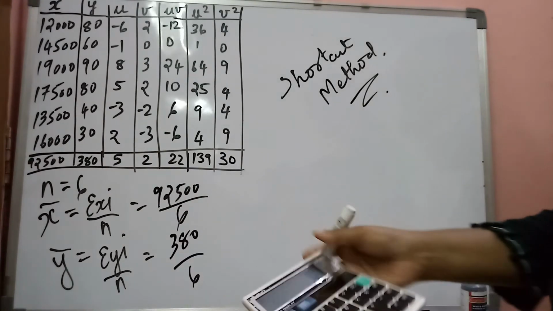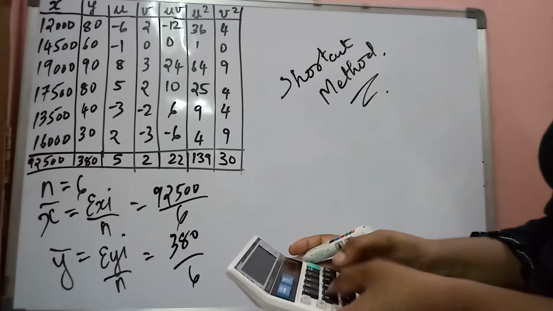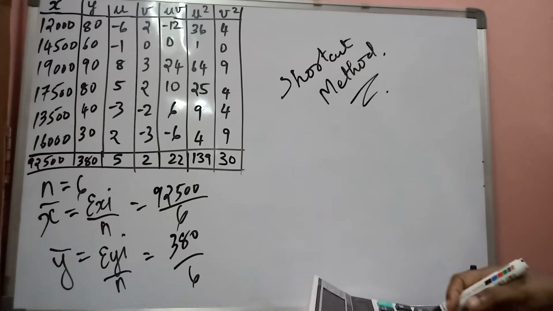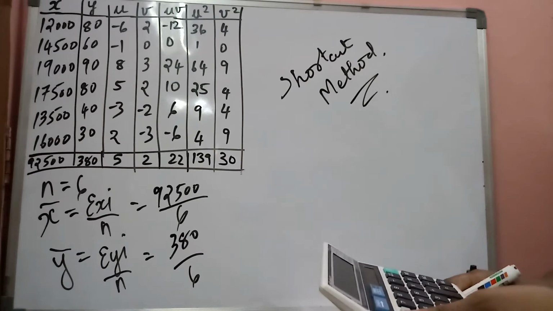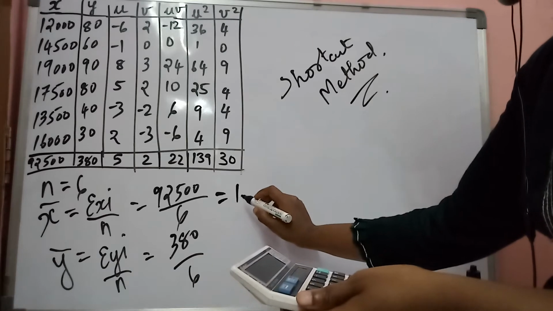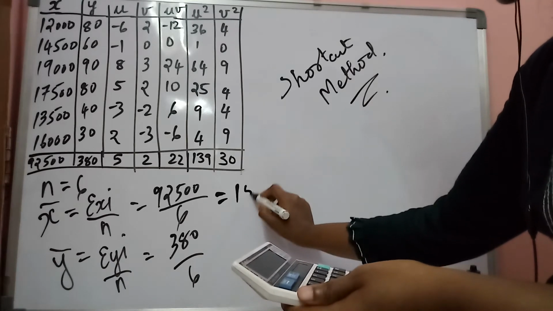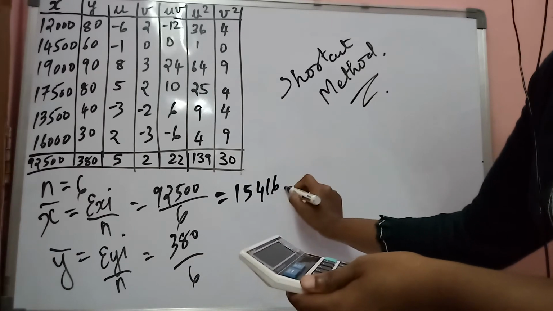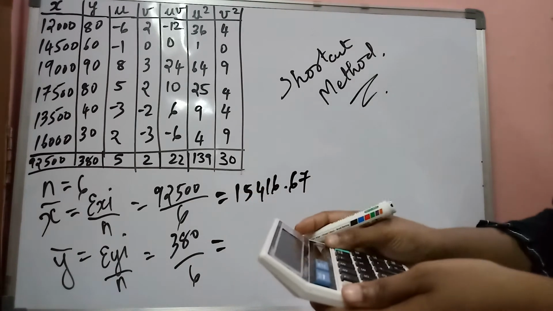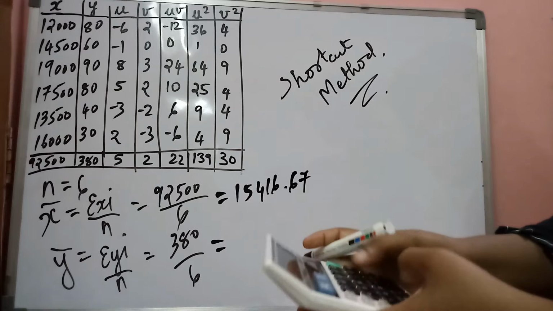So on your calculators you can calculate 92,500 divided by 6, which is 15416.67. The 6 is recurring, so you can take 6, 7 also. Then your y bar is 380 divided by 6.